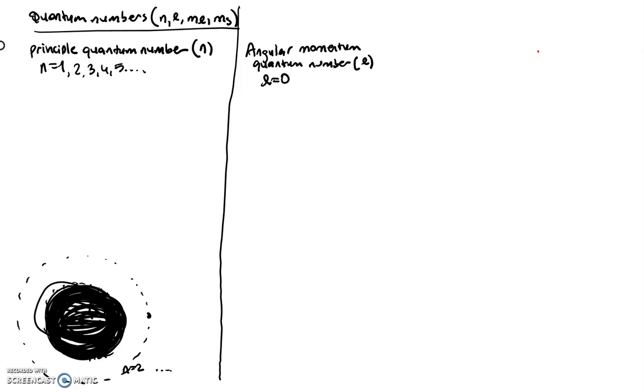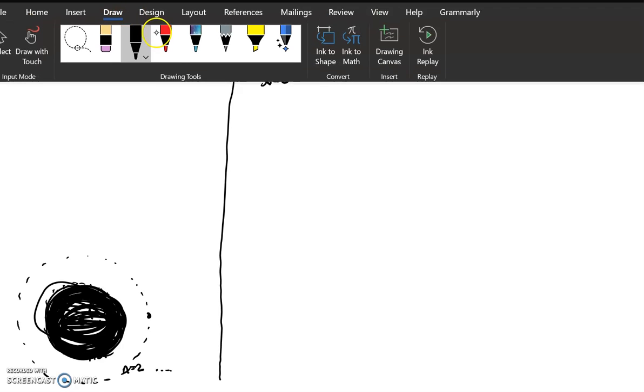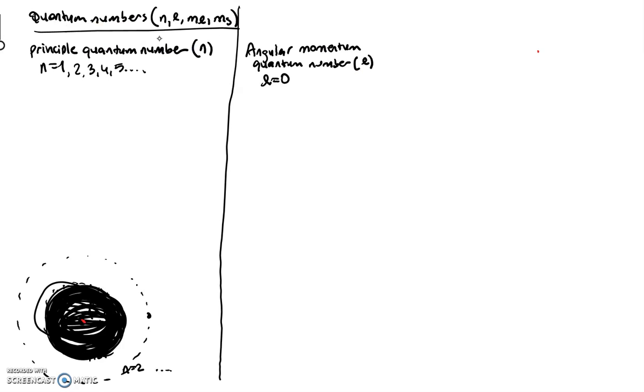Now there's a problem here. Electrons are not just moving around as circles or spheres. Electrons are doing some other weird shapes as well, weird movements. For example, this electron on the second shell can do this behavior, not only the sphere-shaped movement, but also move like this.